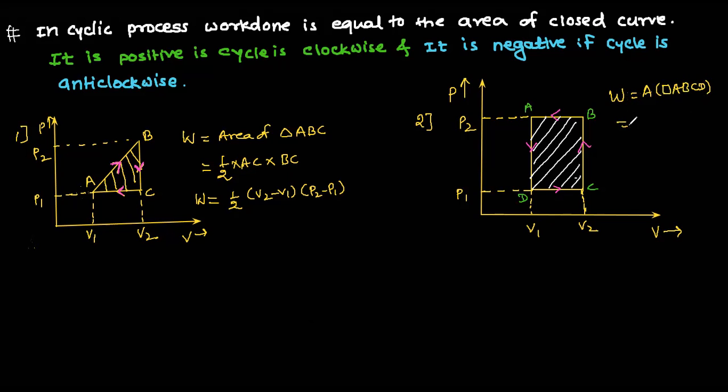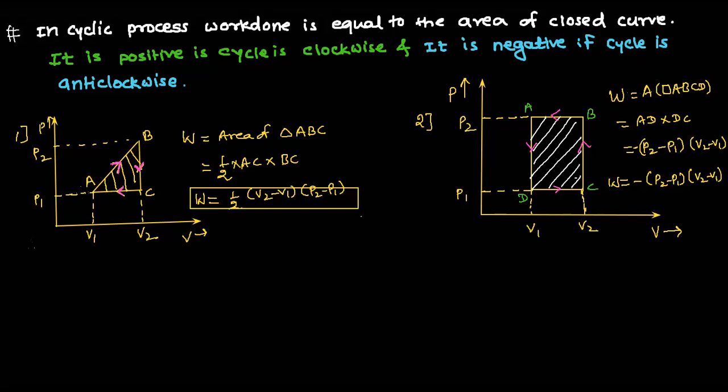So what you are getting here is nothing but AD into DC, right? AD is P2 minus P1, and this is negative. That's why the minus sign is here. And DC is P2 minus P1. So this is minus P2 minus P1 into P2 minus P1. This is what W is. You can keep it in a box, this as well as the previous formula.